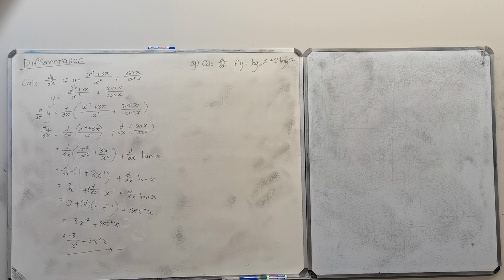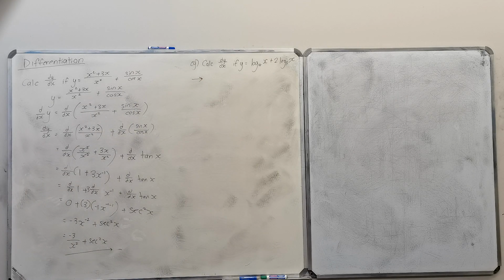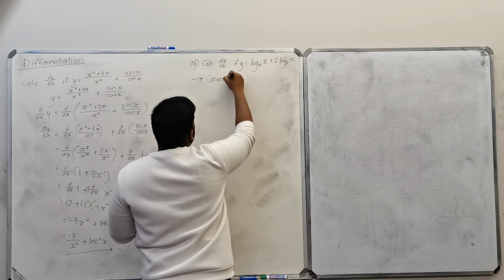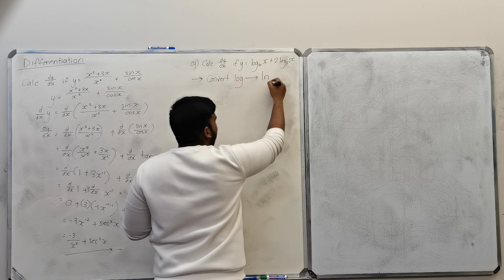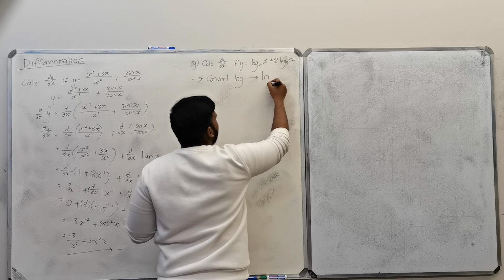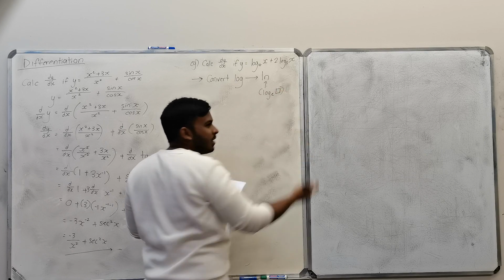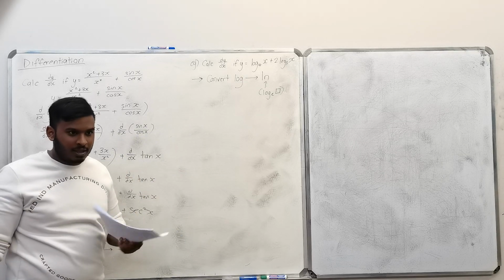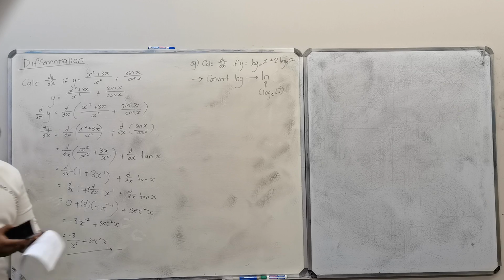Remember I told you natural logarithm is ln, which is log to the base e. So you convert log to ln. Write it down there, so don't confuse it with the answer.